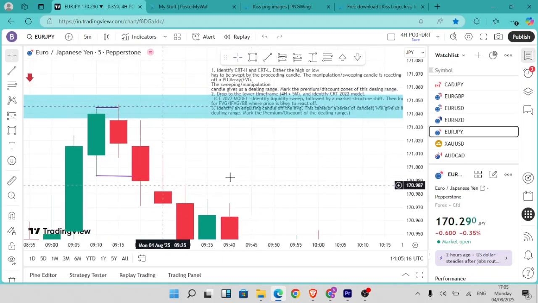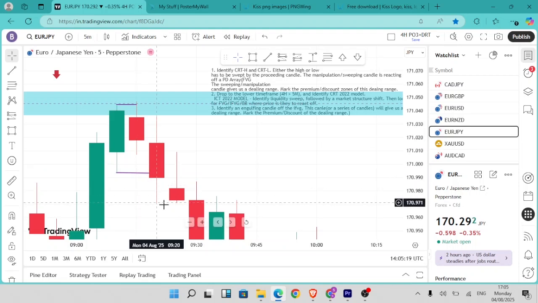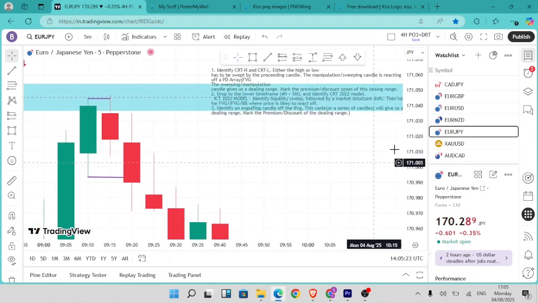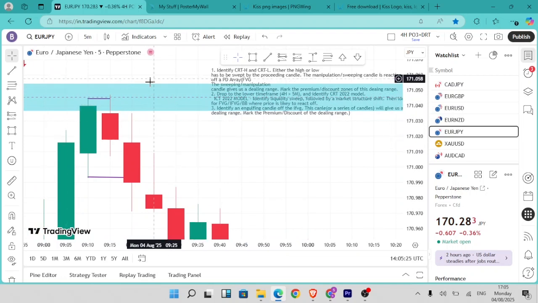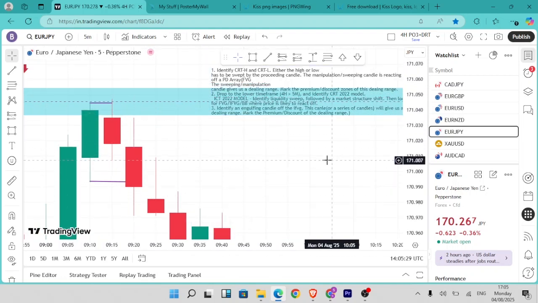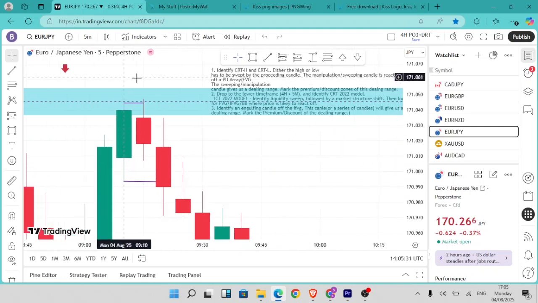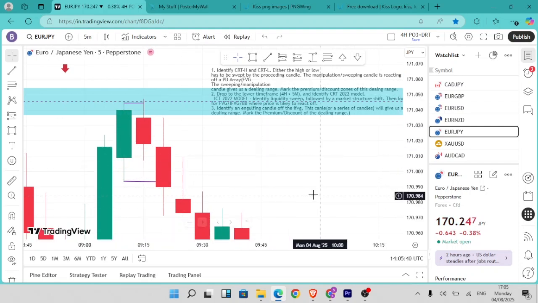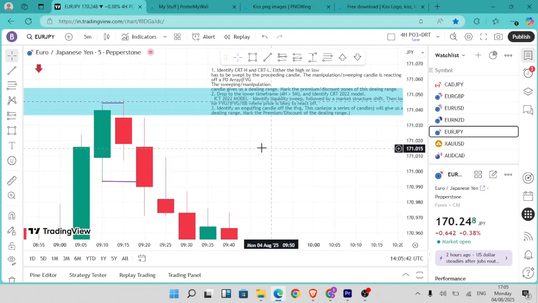And that is what I meant by there is a slight difference in how we identify an engulfing candle outside the fair value gap. So these two candles will give us that dealing range. In a situation where you have one large candle that gives us a market structure shift of the previous candle, that one candle will give us the dealing range.